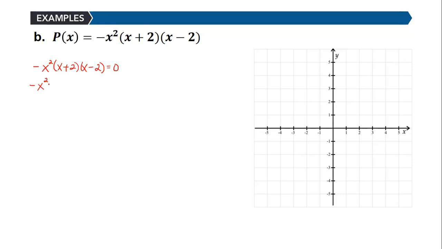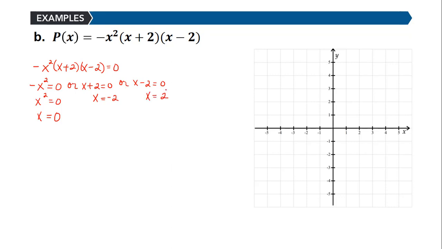Setting those to 0, -x^2 = 0, or x + 2 = 0, or x - 2 = 0. So we get just x^2 = 0 when we divide by -1. Applying the square root property, we get x is equal to plus or minus 0, which is just 0. Then x + 2 = 0 gives us x = -2, and x - 2 = 0 gives us x = 2.